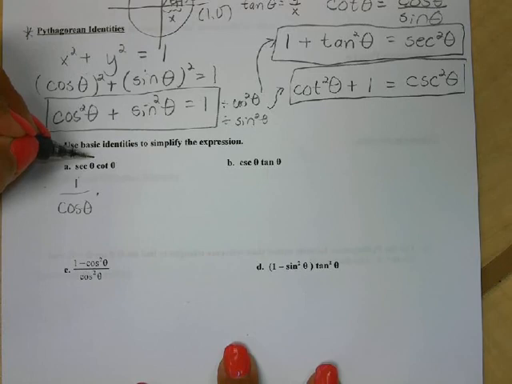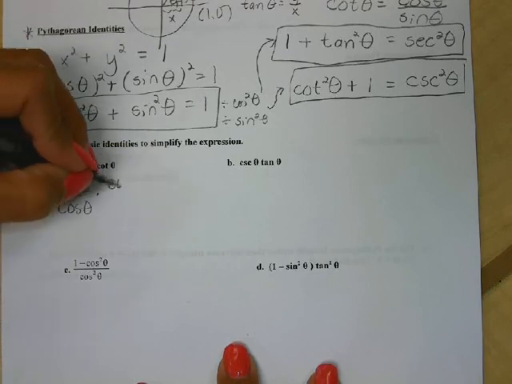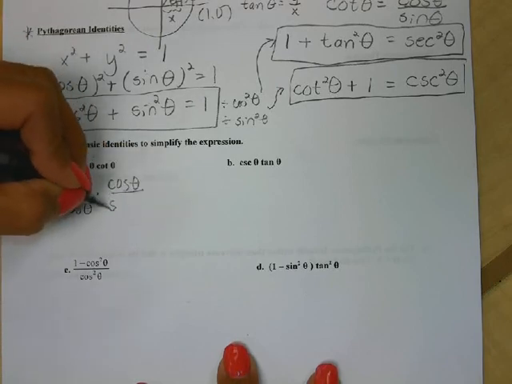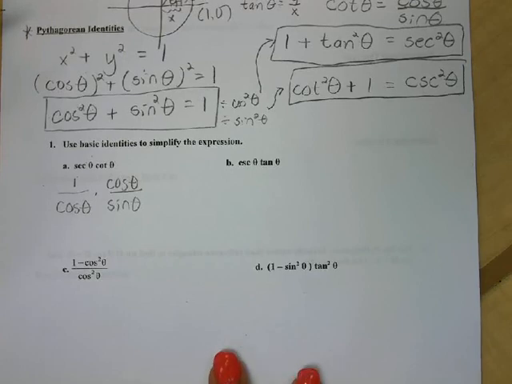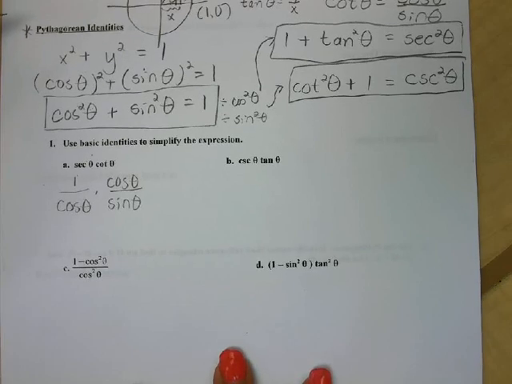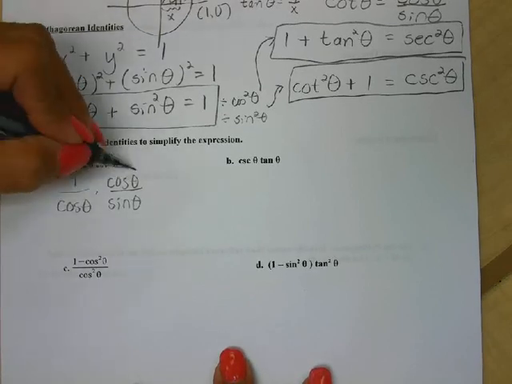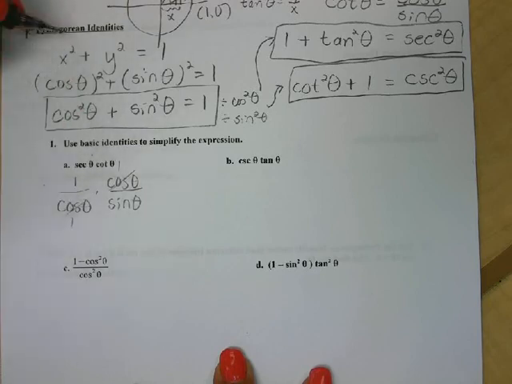Now, cotangent of theta could be simplified to 1 over tangent of theta, or we can use our cotangent identity and substitute cosine of theta over sine of theta. And that would be the best move to make. Make sure you continue to stay in the same variable and don't start changing it to x's or dropping the angle off.